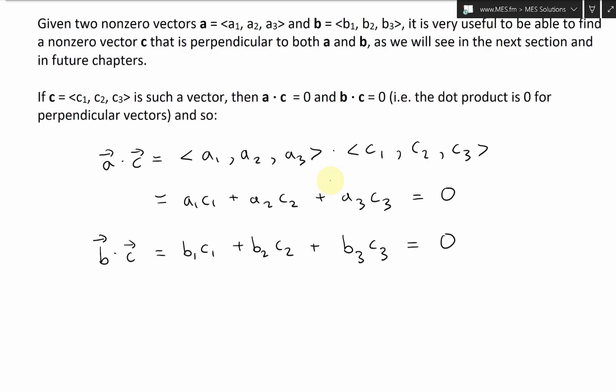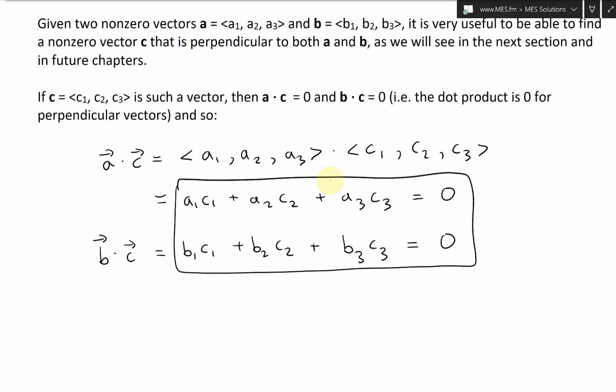This has to equal 0. So I'm just going to box these two formulas in, because this is what we are going to work with. We're going to work with this and then eventually find the C1, C2, and C3 terms for the C vector, given these two formulas.